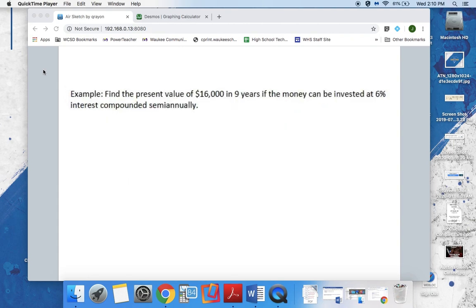If you take a look at this example, you'll see why. Find the present value of $16,000. So again, this is our future value, this is our A. And I know this is over 9 years at 6% compounded semi-annually. Now that I know that information, I can go ahead and set up my formula to find the present value.